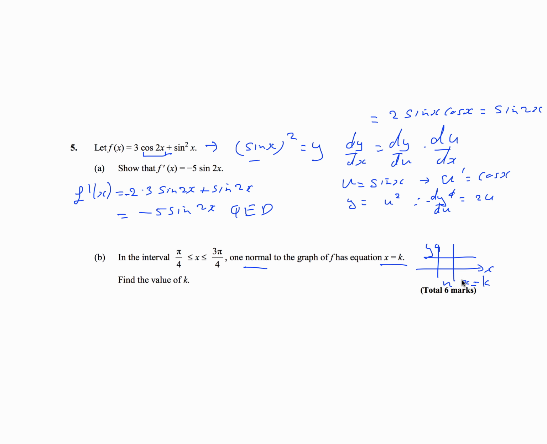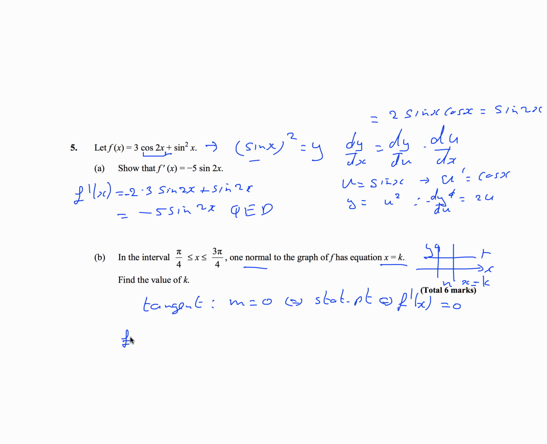So if this is the normal, this must be the tangent line. Right, so the tangent is horizontal. Horizontal tangent means that the gradient is 0, which means that I've got a stationary point. Stationary point. Perfect. So that means that f prime of x is equal to 0.